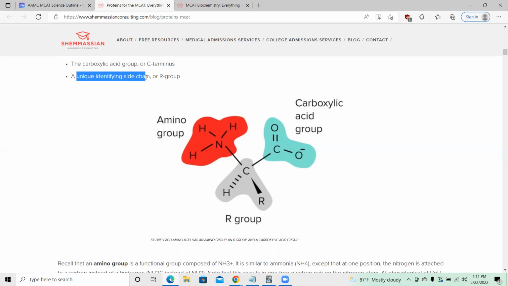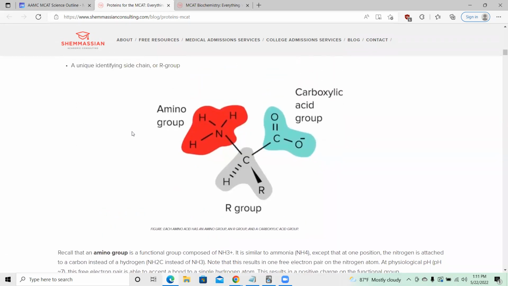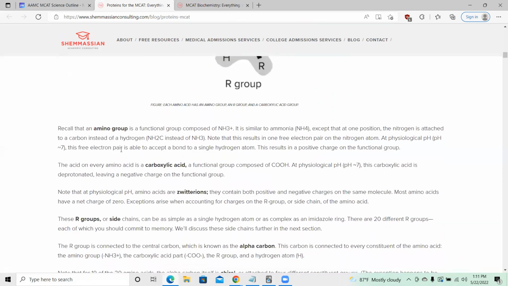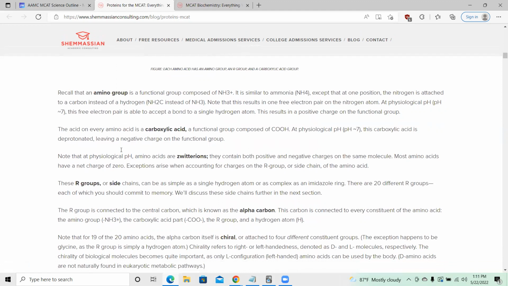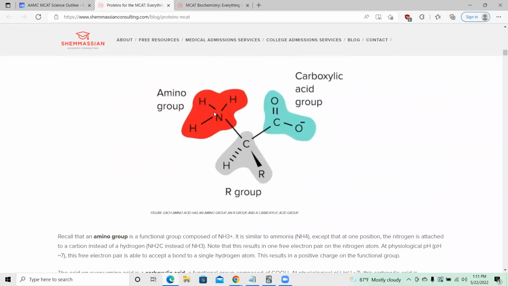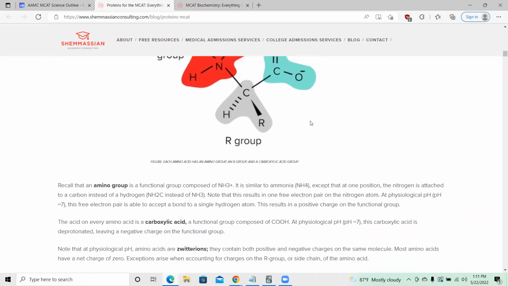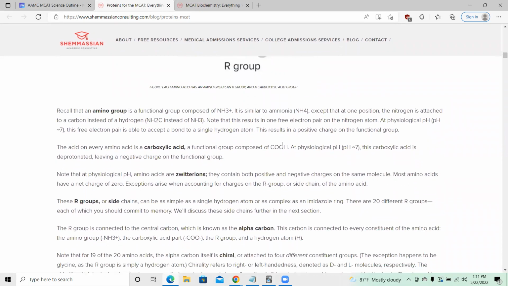The unique identifying side chain is the R group. Any questions so far? If you have a question, usually we just drop it in the chat and I get to it. So if you have a question at any time, just put it in the chat and I'll see. So an amino group is this group right here, the NH3. The carboxyl group is the COO, and the H is just the H, right?